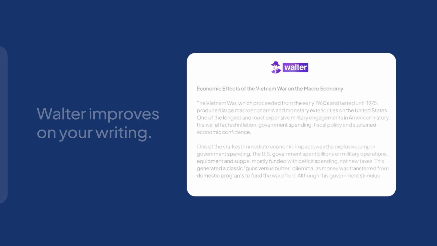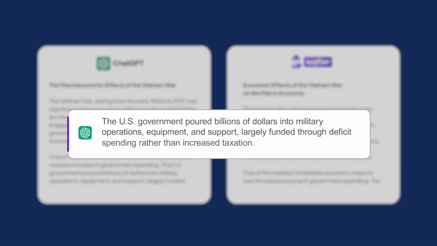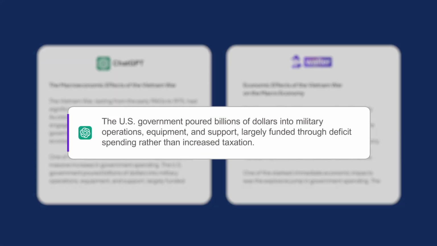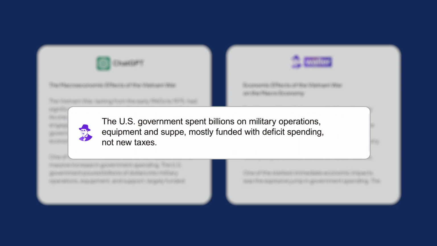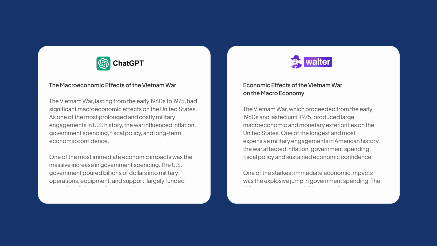So let's find a few more differences here. The U.S. government poured billions of dollars into military operations, equipment, and support, largely funded through deficit spending rather than increased taxation. Then over here, the U.S. government spent billions on military operations, equipment, and support, mostly funded with deficit spending, not new taxes. So it really switched around the end of that sentence to shorten it a little bit and make it flow a lot better.